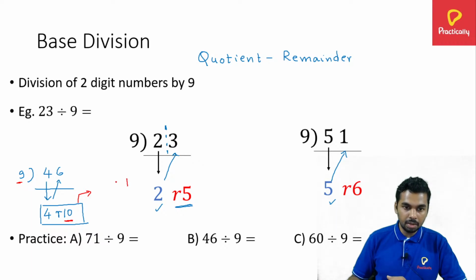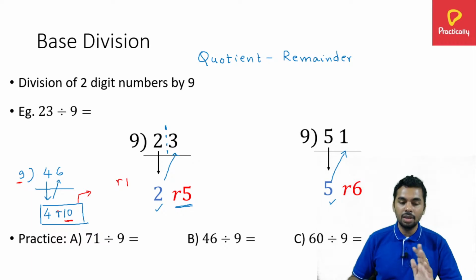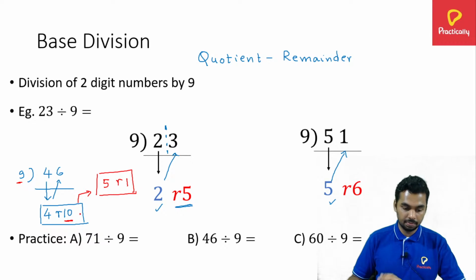The remainder becomes 1. Since I have subtracted 9, I can add 1 to the number 4. So this is recalling that sutra, by 1 more than 1 before. 4 plus 1 is 5. So this is the simplified answer, 5 and remainder 1.